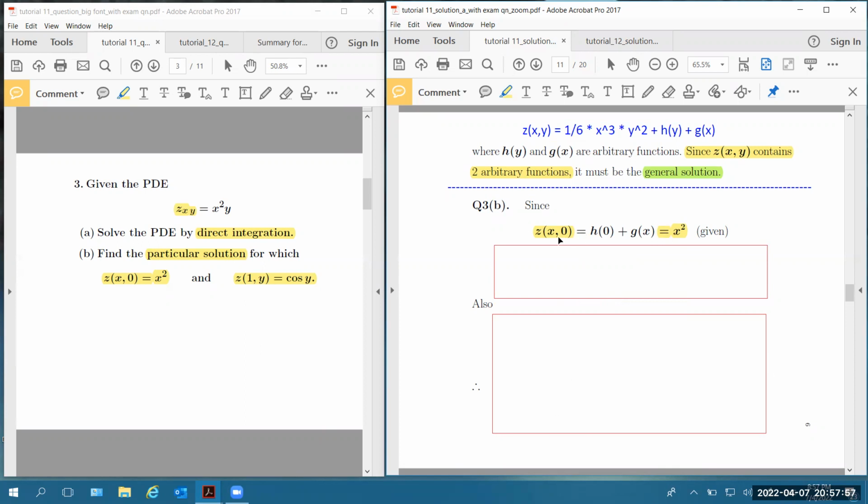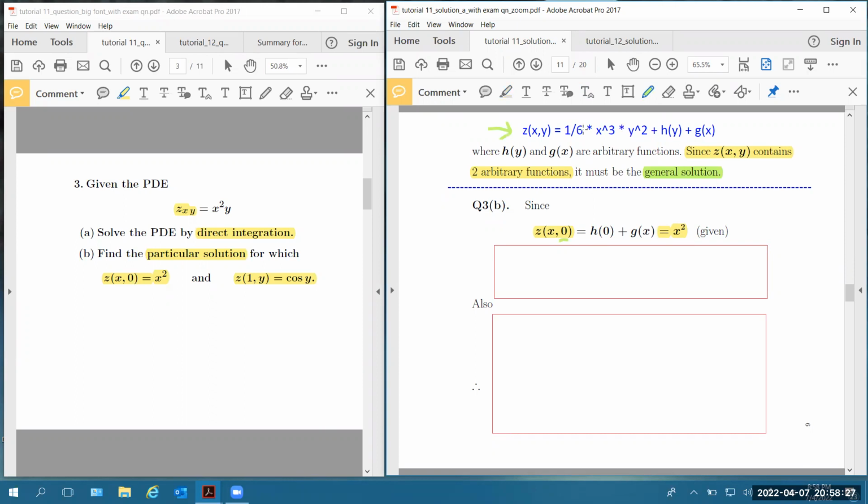I do the first condition first. So z(x,0) equal to x squared, right? So someone tell me, z(x,0), what is 0 there? What variable is 0? Y. Okay, so inside here, this is your general solution, then you just substitute your y as 0.